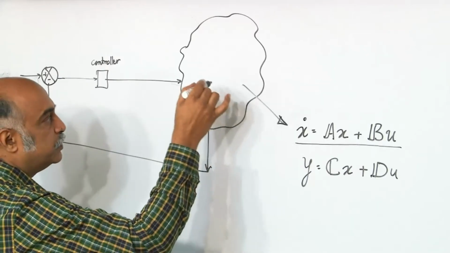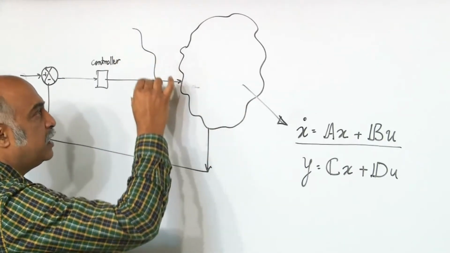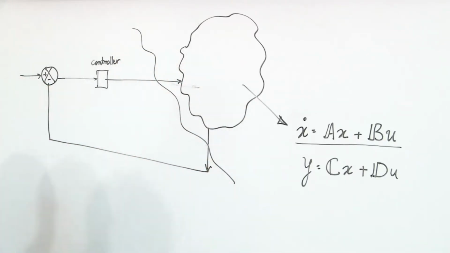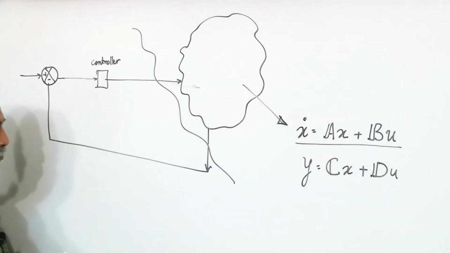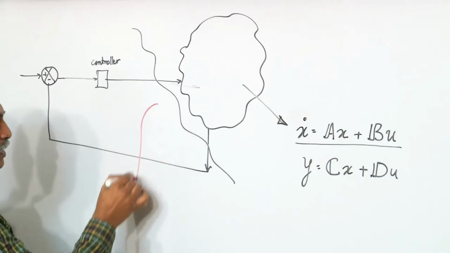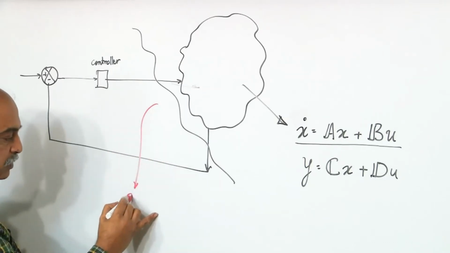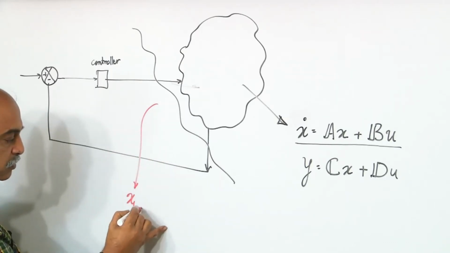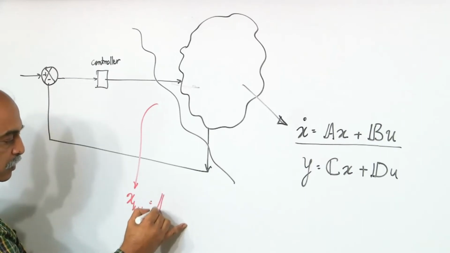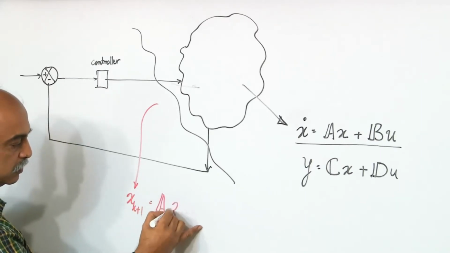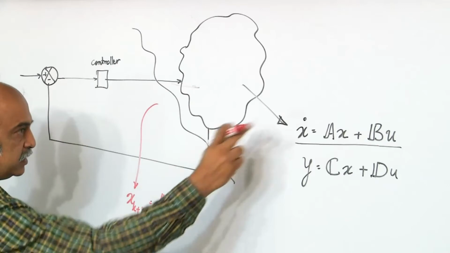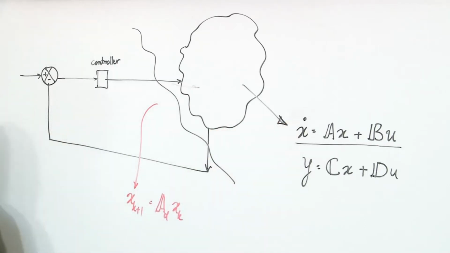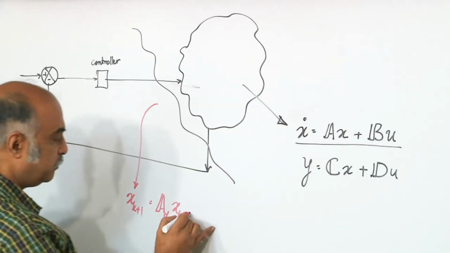Now, this has to be taken inside. So, when it is taken inside, it becomes x of k plus 1. So, this matrix and that matrix are not exactly the same. There is a sampling time also coming into the picture.